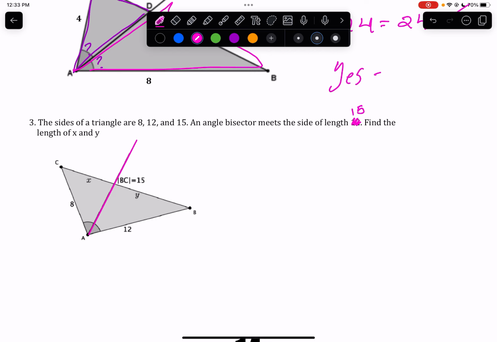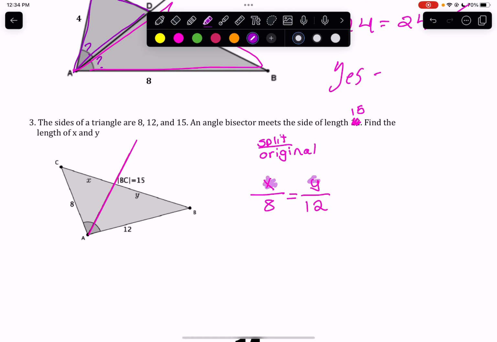So we're going to always be doing split over original, right? But if I set this up, X over 8 is equal to Y over 12, we're going to have a problem because there are now two different variables, and I can't use two different variables.